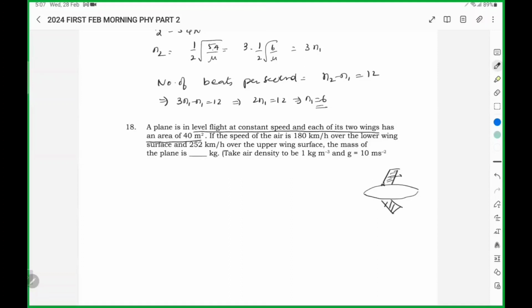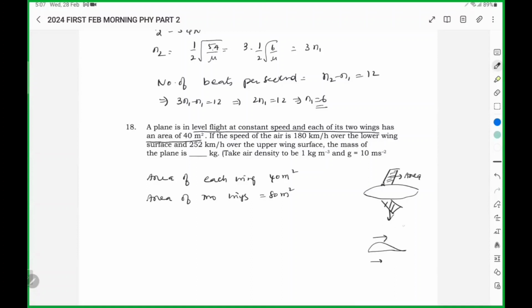So the area of each wing is 40 meters square, and the area of two wings is 80 meters square. Let us consider a wing like this.